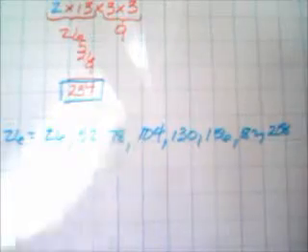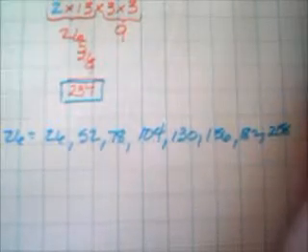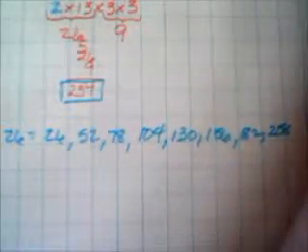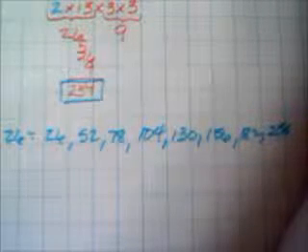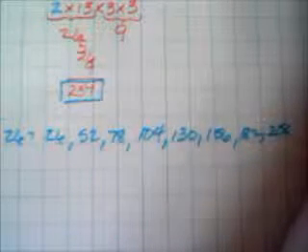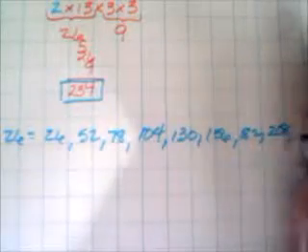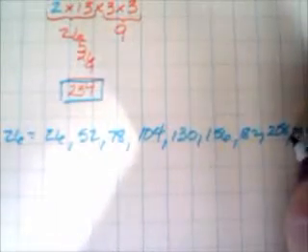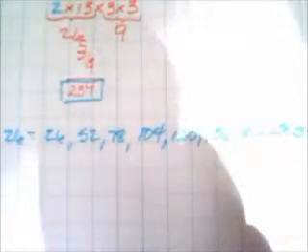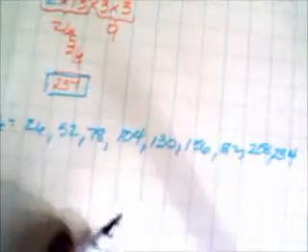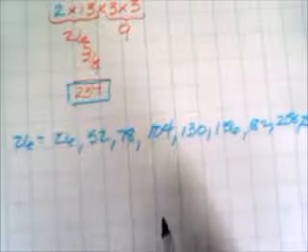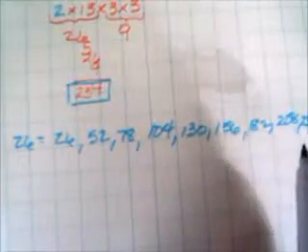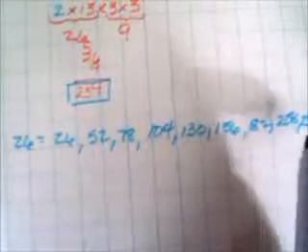Isn't this fun? 26 times 9 is 234. Well, what do you know? It does go into 234. Interesting.